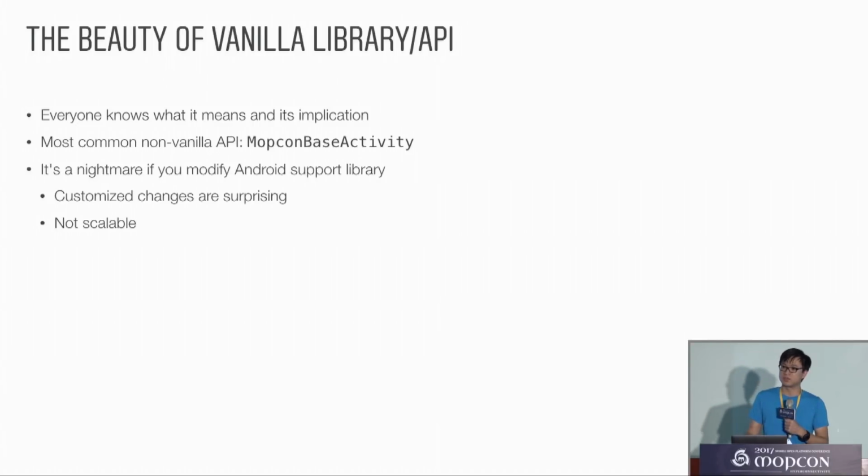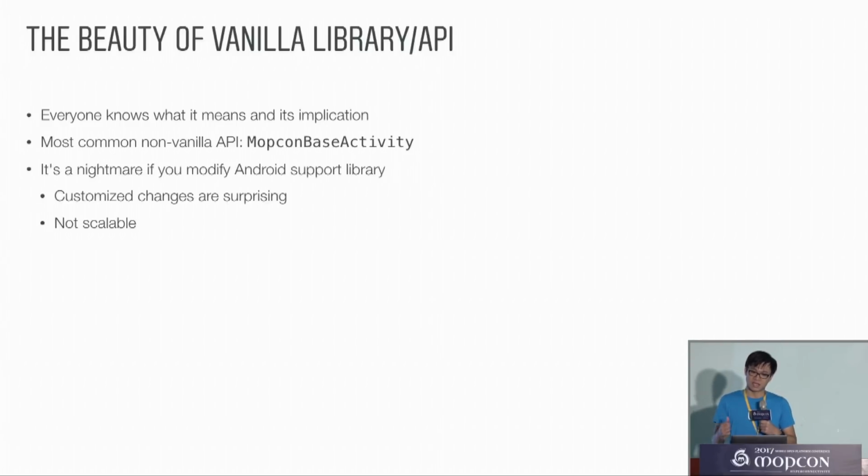And if you use any third-party library, you download any third-party library such as the Android support library, try not to modify any code in the Android support library because it's really hard. First, you change its behavior if you modify it, and so we will have the same problem I mentioned before.